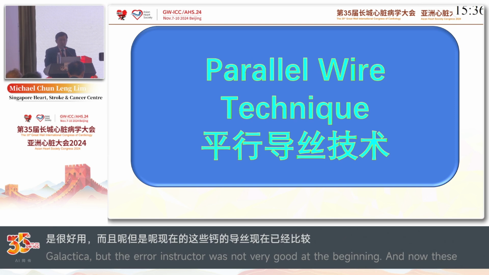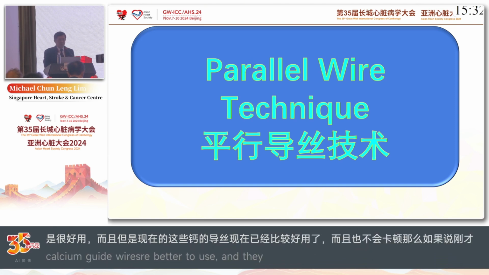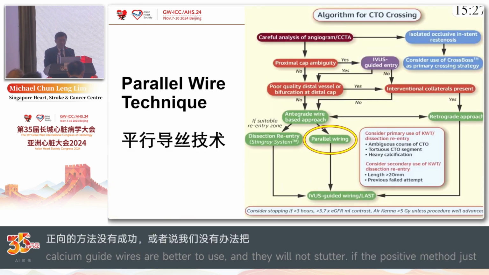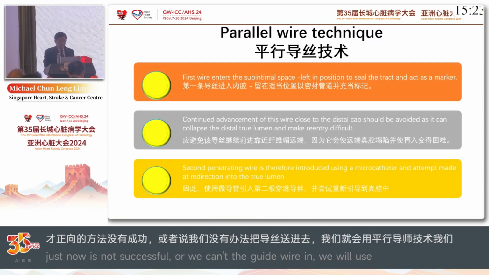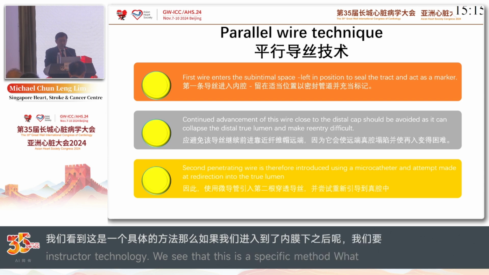Now, let's say if you try the antegrade approach and you have some difficulties getting the wire through, then of course you want to try the parallel wire technique based on this algorithm. And of course, once you enter the subintimal space, you want to leave it in position to seal the track. And then you will want to advance the wire close to the distal cap, all right?